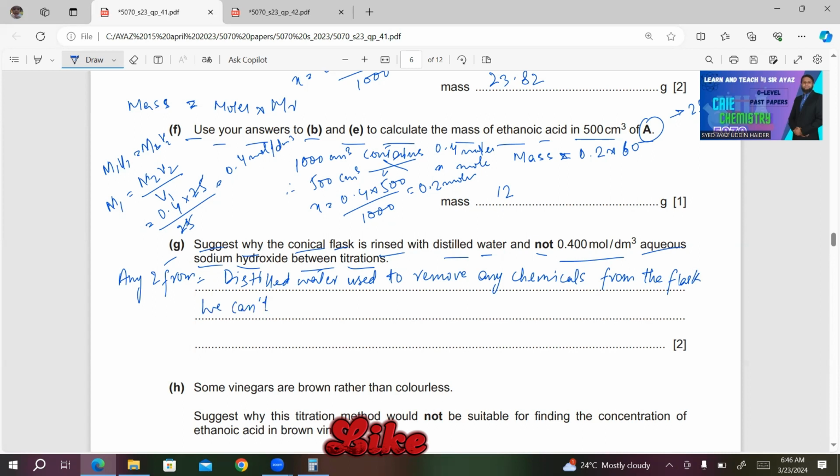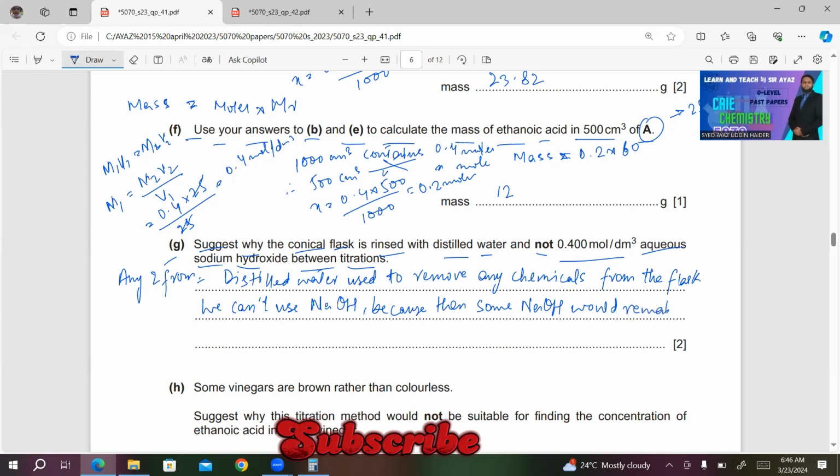We can't use NaOH because then some NaOH would remain in the flask.